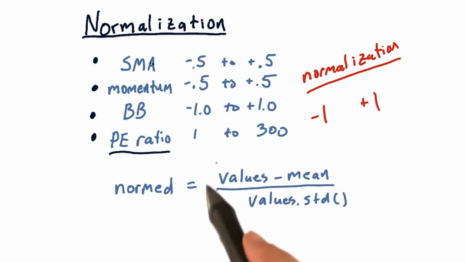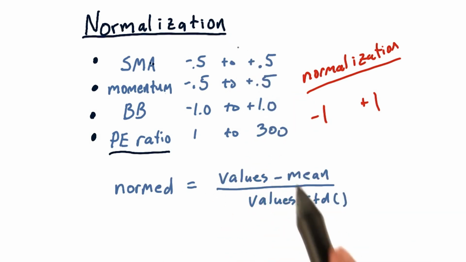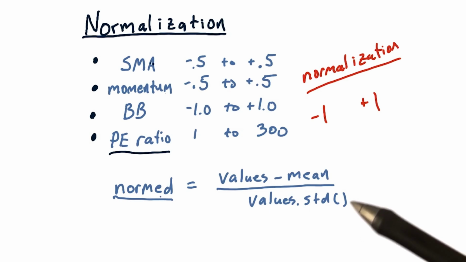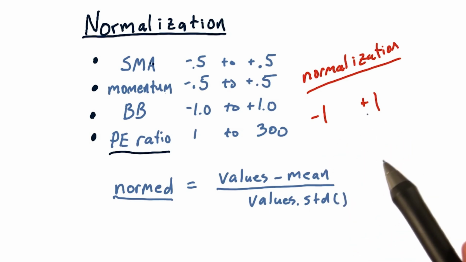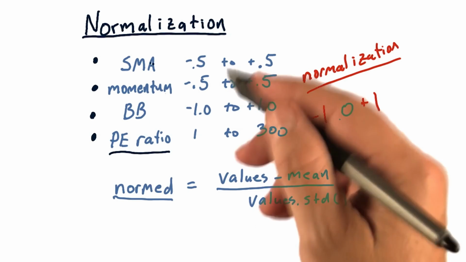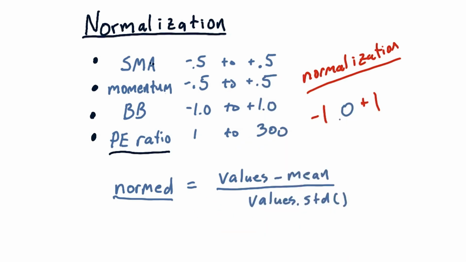You take your original values for a particular factor, subtract the mean from all of them, and divide by the standard deviation of all of them. This will give you a normed result that on average is going to vary between -1 and 1, and it'll have a mean of 0. So remember this trick for later when we get to machine learning, or if you're working with technical indicators yourself, you may want to apply this normalization approach to the numbers you're working with.